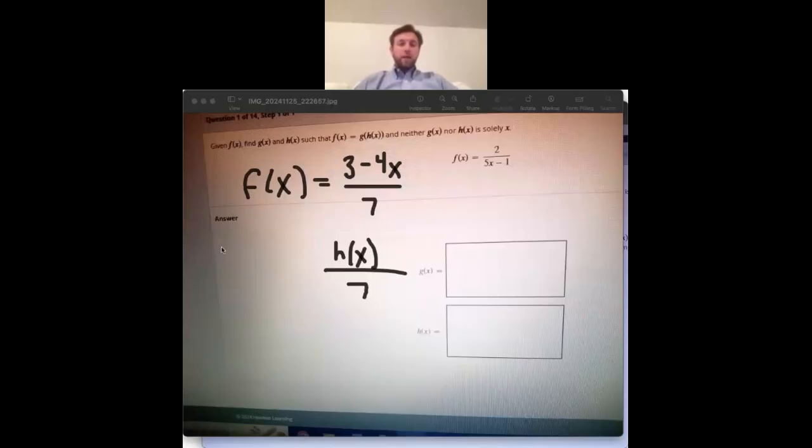So we'll write that off to the side here. h of x equals 3 minus 4x. So then what does that mean that g of x becomes?